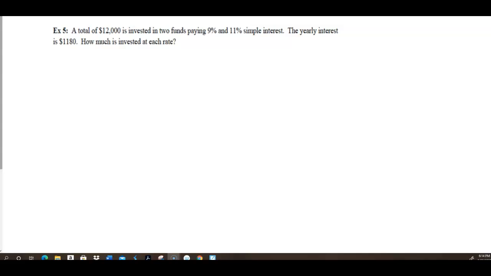Example 5 and example 6, I'm going to let you try on your own. They are in your book, which you can look up under your homework assignment. And if you will go to page 476 and use example 2 to walk you through example 5.